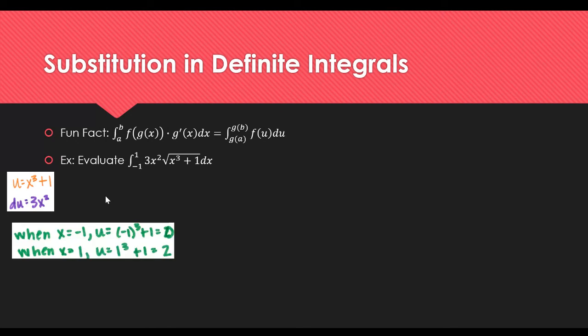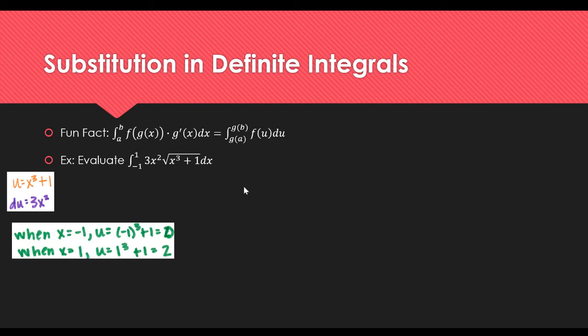So what we're going to do is plug these in to our u. So when x is -1, u would be -1 cubed plus 1, which would be -1 plus 1 is 0. And then we go to the top number, 1. When x is 1, u would be 1 cubed plus 1, which is 2.